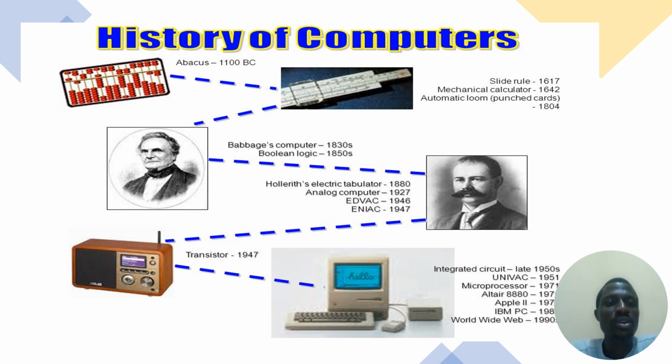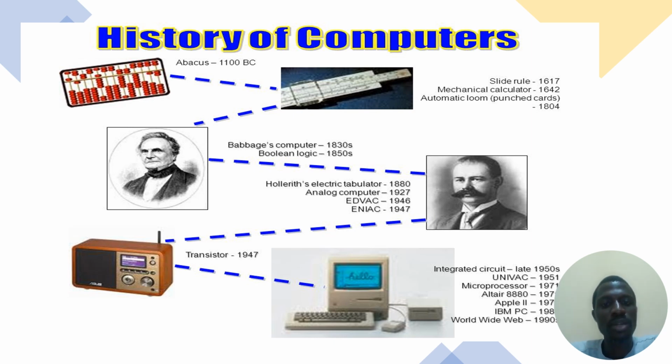The first and oldest form, aside from using pebbles, stones, or fingers to count, is the abacus, which was invented around 1100 BC, followed by various mechanical calculators, up till 1830, when the difference engine was invented by Charles Babbage. Charles Babbage is often referred to as the father of computing.